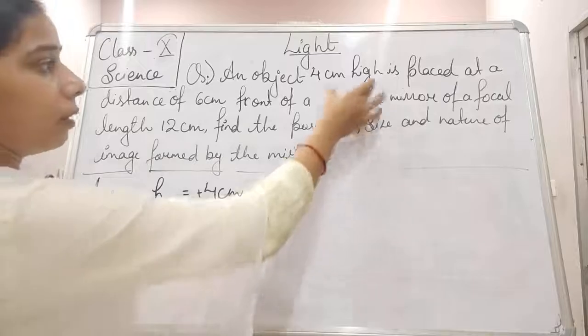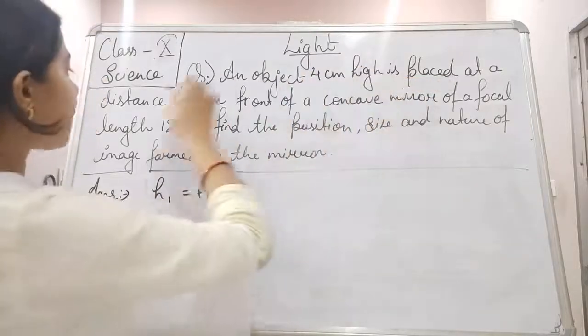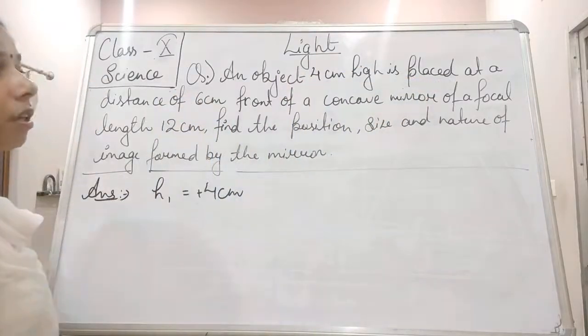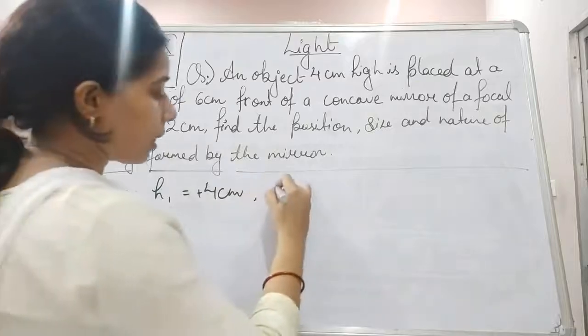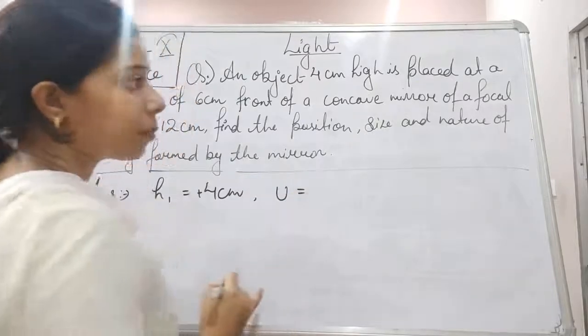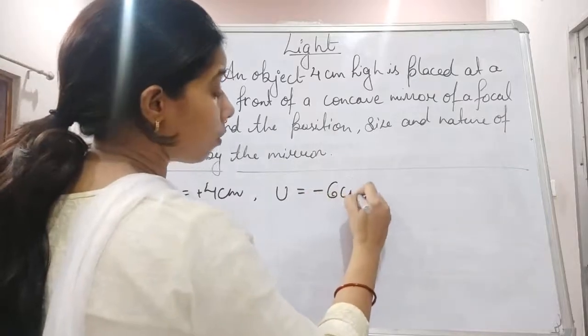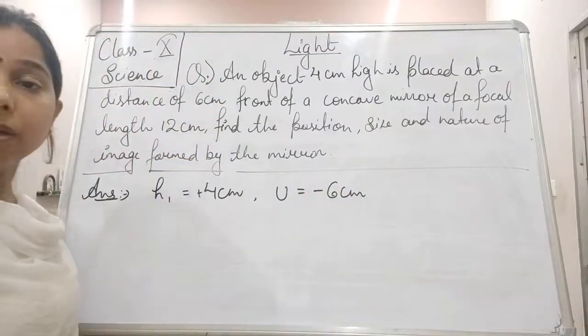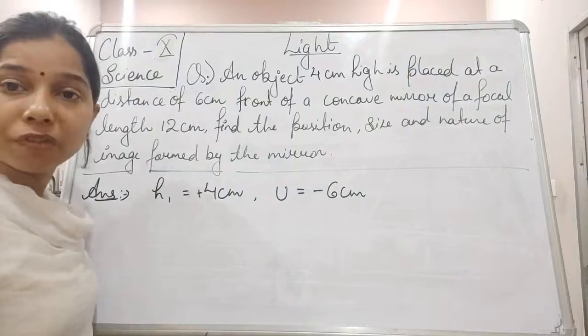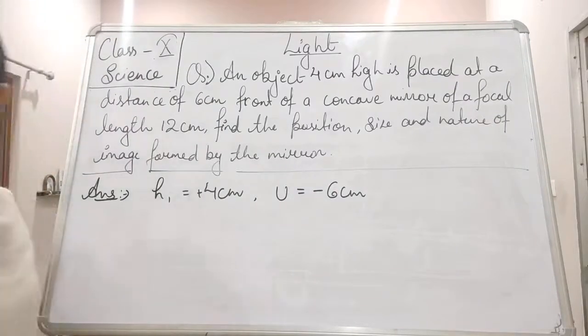And this 4 centimeter high object is placed at a distance of 6 centimeter in front of a concave mirror. So the object distance U is given, that is minus 6 centimeter, because you know that it is always kept at the left side of the mirror.